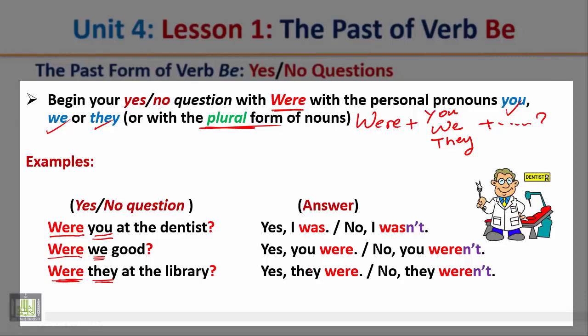The answer, yes, they were, or no, they weren't. So, in yes-no questions, we begin with the verb was or were plus the subject. After that, complete your questions.